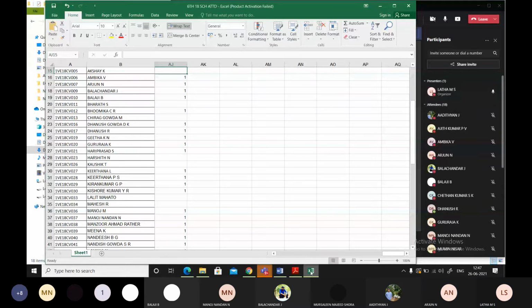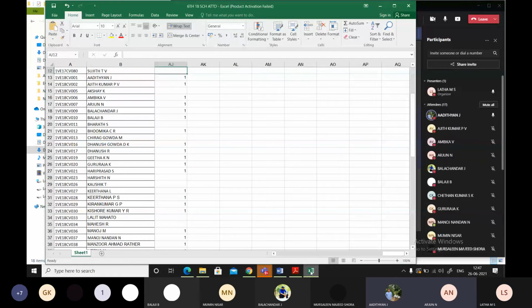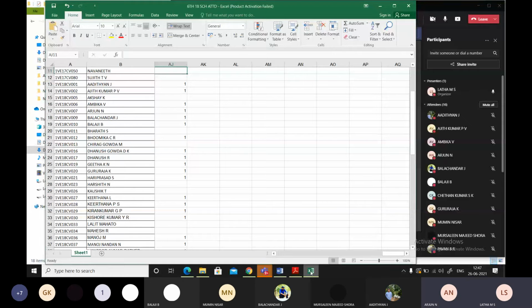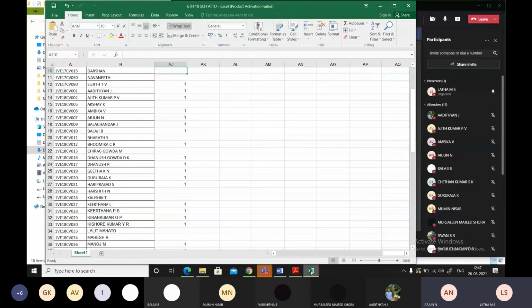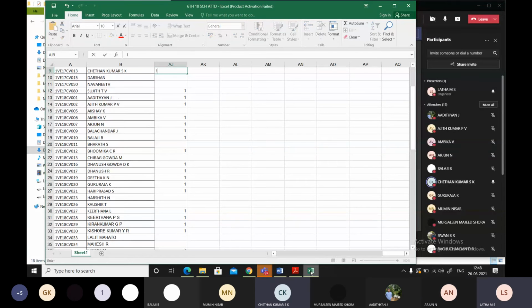Ajay, Ajit, present, ma'am. Aditya, present, ma'am. Navneet, Darshan Kumar, present, ma'am.